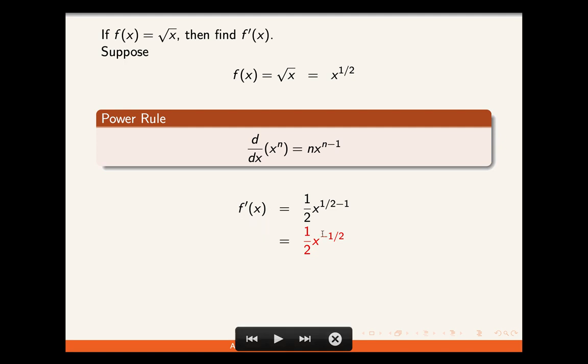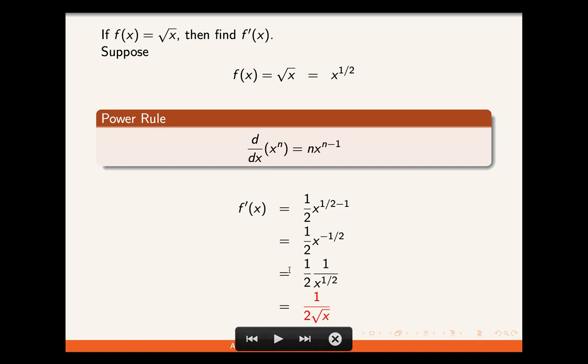Or if you want to change this negative exponent into a positive exponent form, this can be written as 1/2 times 1 over x to the power 1/2. And if you also want to change the exponent into a radical, this will be 1 over 2 times the square root of x.